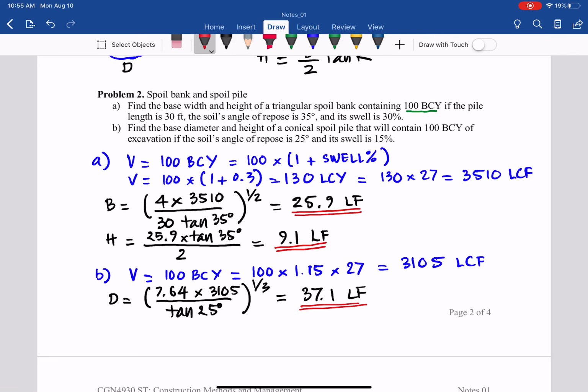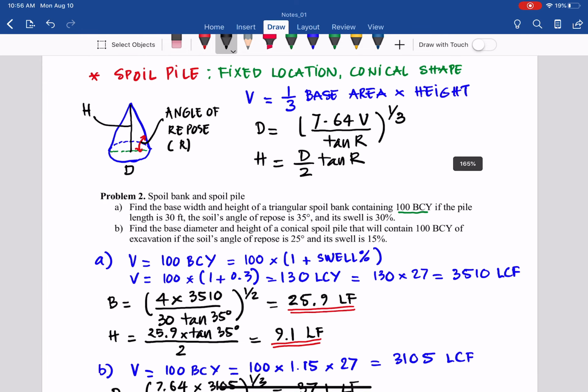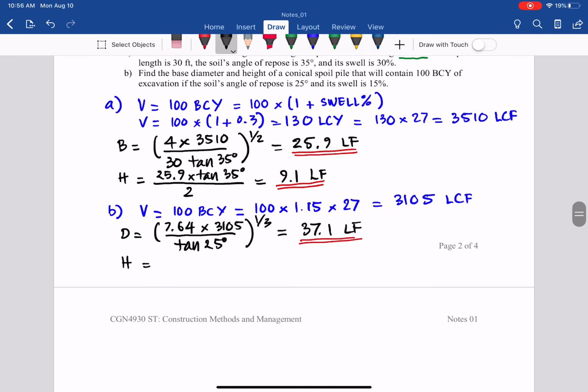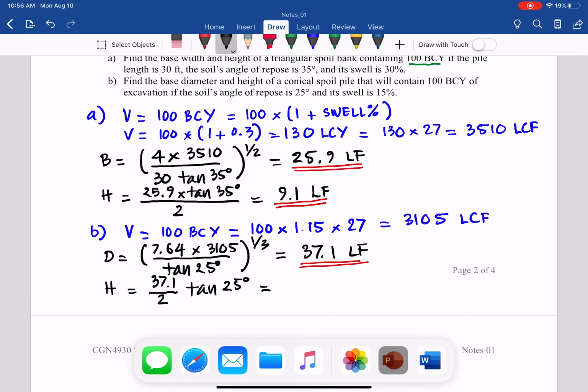And similarly the height equals D over 2 tangent R, so we apply here. D is already found, 37.1 over 2 tangent of 25 degrees. It will be 8.6 feet. And with that, we are finished here, and we just go to the next slide.